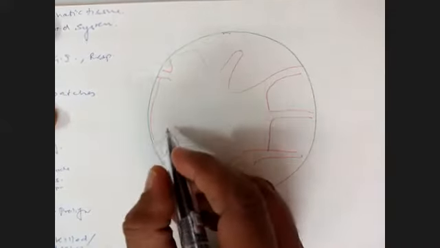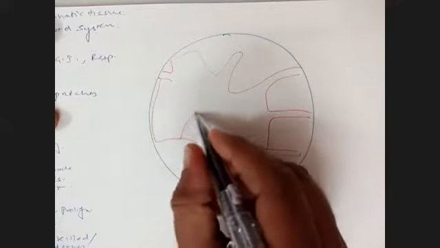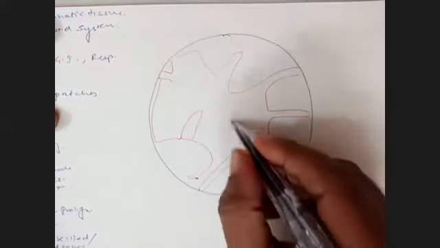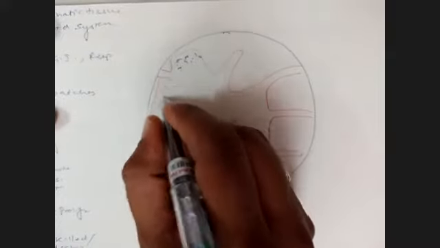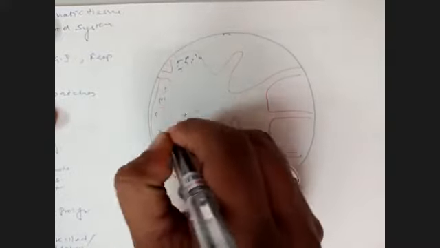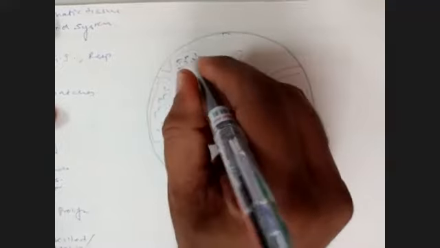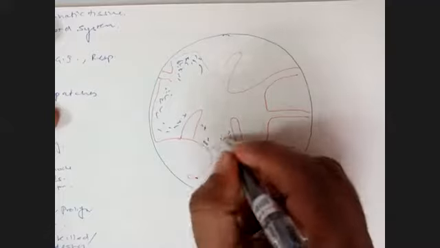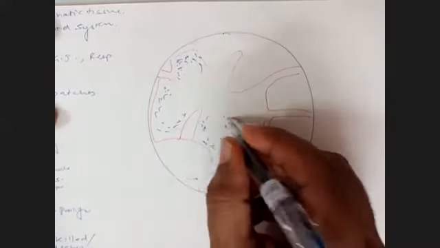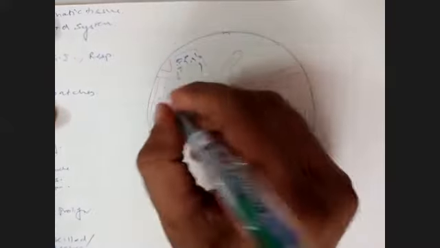And each of these lobules, now this is one lobule, this is one lobule, has an outer part which is cortex. So in this lobule, the outer part is cortex.